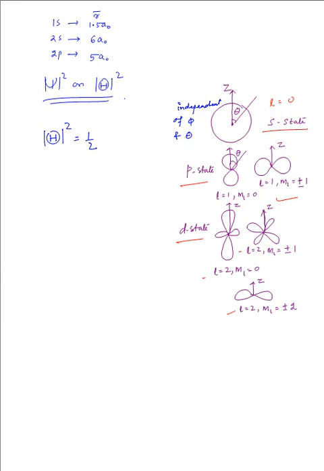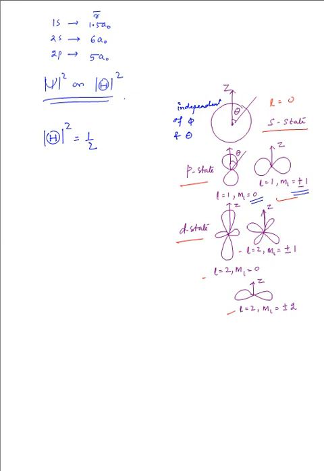For the other states, however, theta square varies with theta and takes on the largest values in definite directions. In a given state other than the S state, the concentration of the probability density shifts from the z-axis to the plane perpendicular to the z-axis as the absolute value of ml increases from 0 to 1. So here you have the value of ml to be 0, here you have the value of ml to be 1.